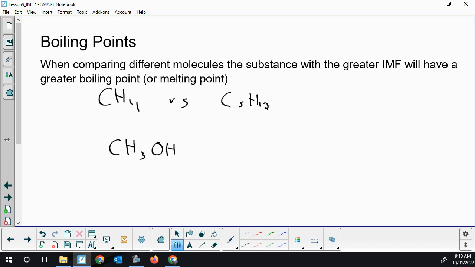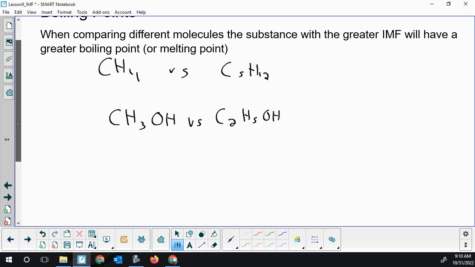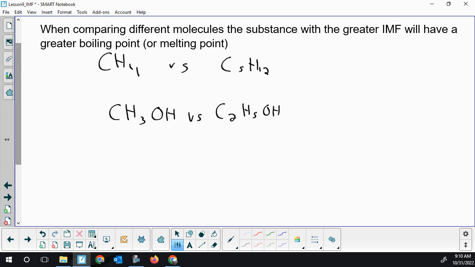The second, CH3OH versus C2H5OH. So you might need to take a few minutes, go back to first principles, and potentially draw these out. Others maybe can picture the molecules in their head.